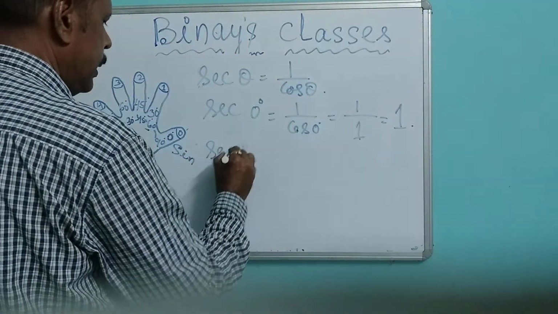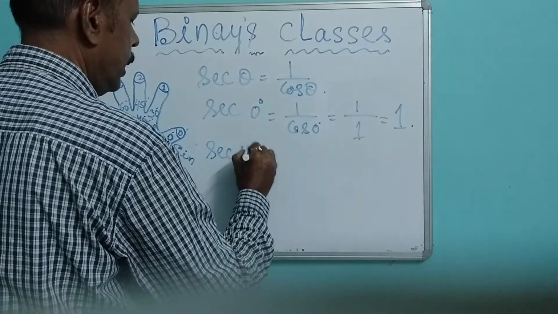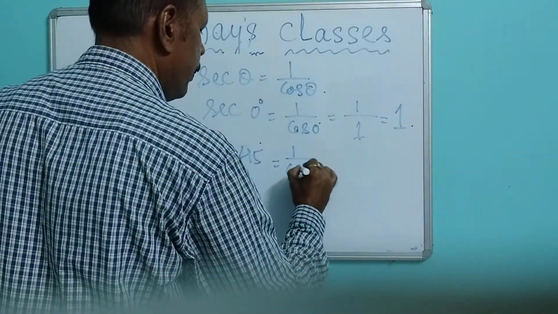Randomly you take sec 45 degree, that is 1 by cos 45.